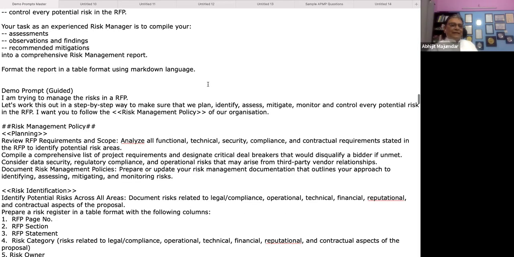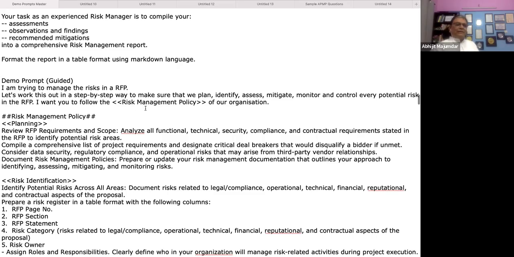The next one is again risk management, but this time I want you to follow the risk management policy of my organization. I don't want you to use your training. Now these two symbols you see are markdown symbols saying this is a variable that will be replaced.